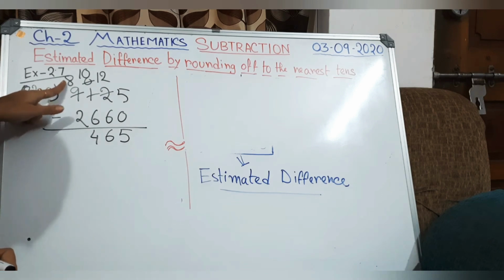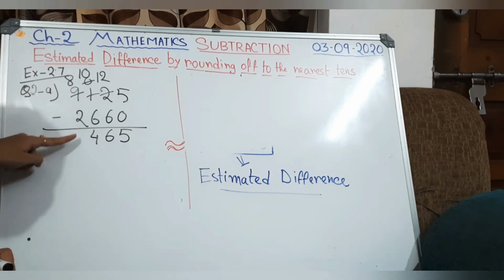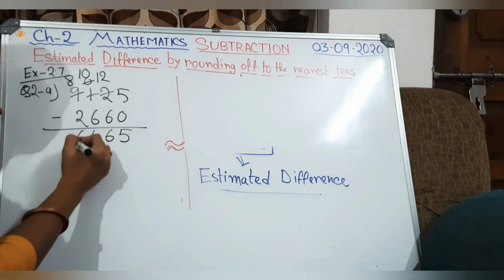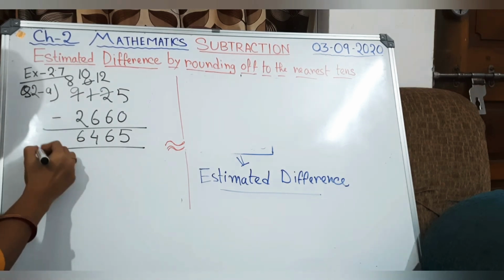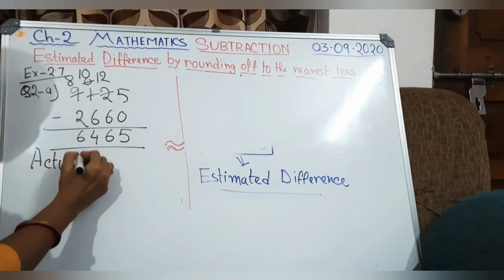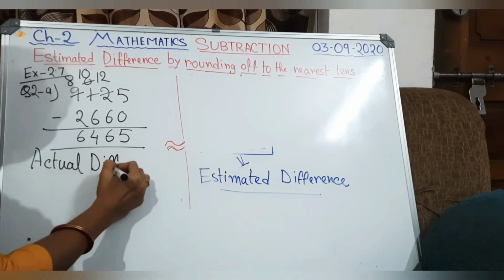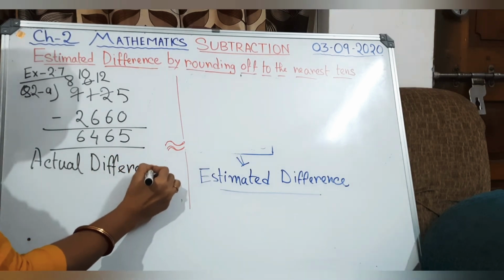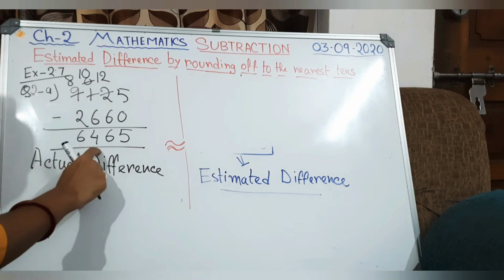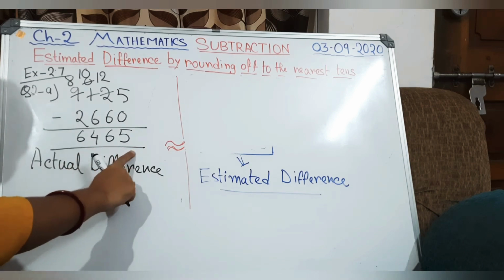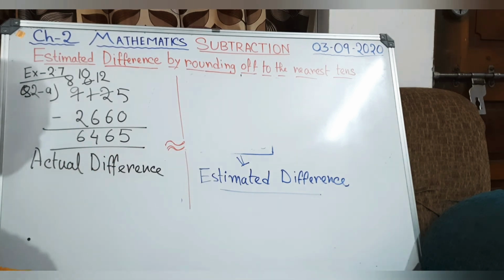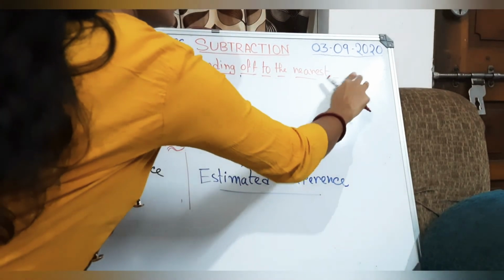And from 8 here you have to subtract 2. So what will come here? 6. So this is my actual difference, that is 6465.